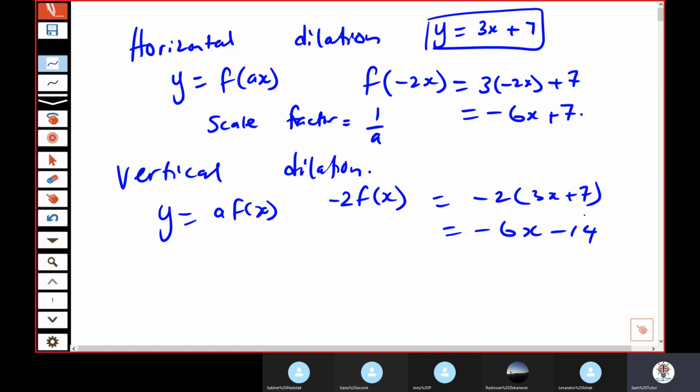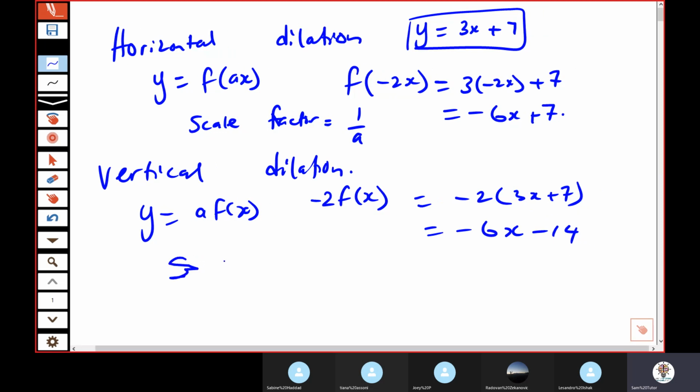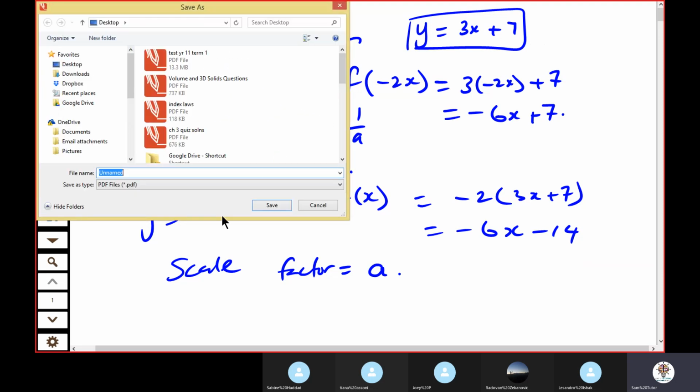So everything, the front and the first number and the second number, changes when they're multiplied by negative 2. Whereas here, only the x's are changing. Your y value will never ever change. Because of that, your scale factor equals a. I'm going to save that and send that to you guys as well, as we write more notes.